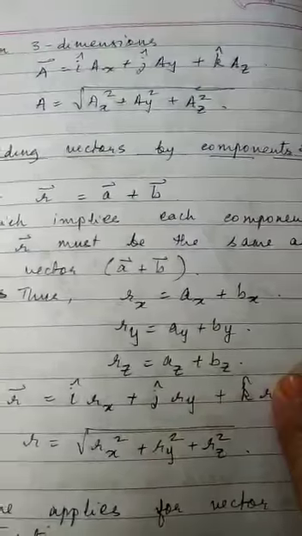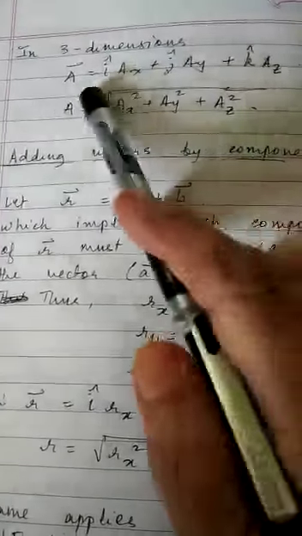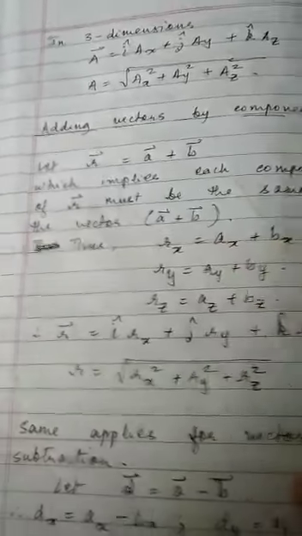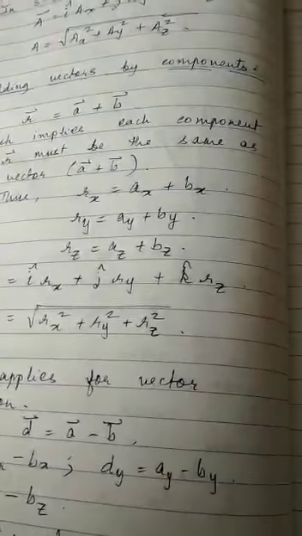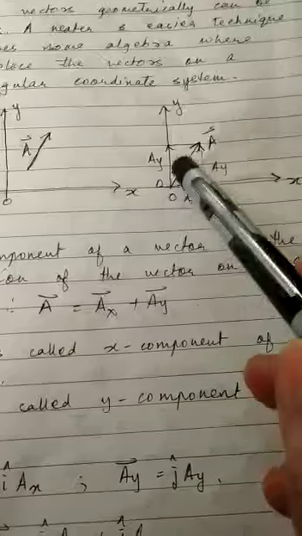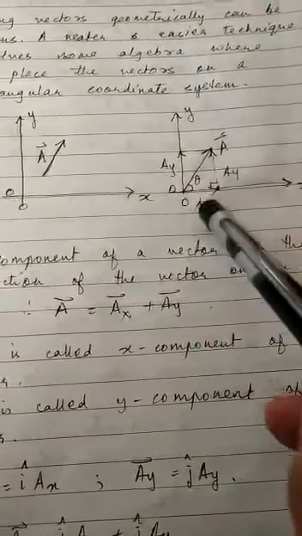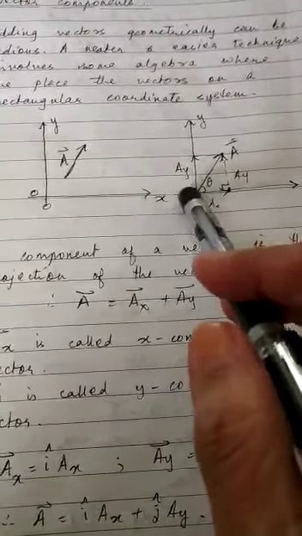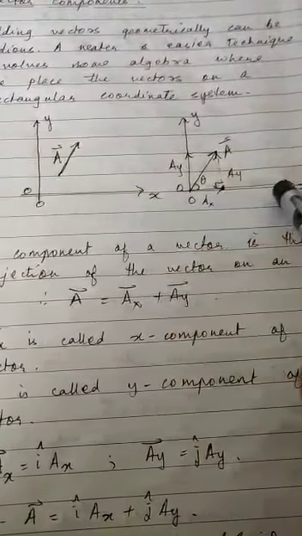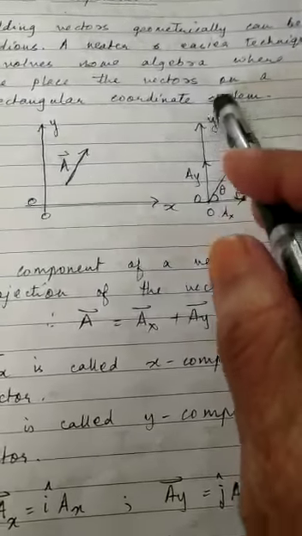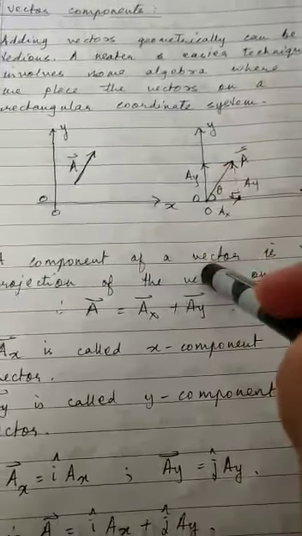Now what is the use? In 3 dimensions I can write it like this, and this is the magnitude of a vector in 3 dimensions. Now what's the use of these components? The use is that if I had several vectors and I resolve them into the x and y components, then the x components are all lying along the same direction, the same line. Y components are all lying along the same direction or same line.